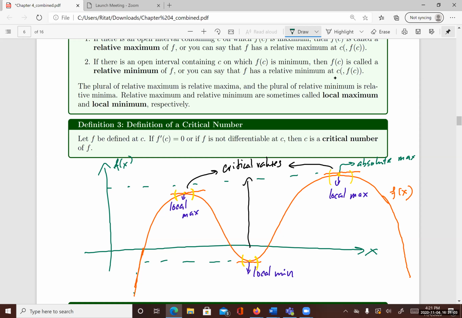You have lower values down here, lower values down here. And as the function goes down to negative infinity when x approaches negative infinity, and also goes down to negative infinity when x approaches positive infinity, then you will never reach the lowest value. That means no absolute minimum value.